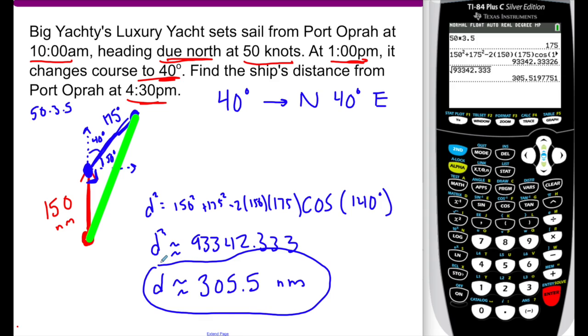As we move into bearings and actually finding the bearing from Port Oprah, we are going to want to keep a little bit more of those decimal places because this might end up being used in an intermediate calculation. So just be aware of that.